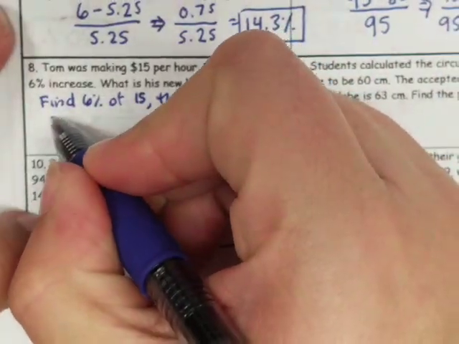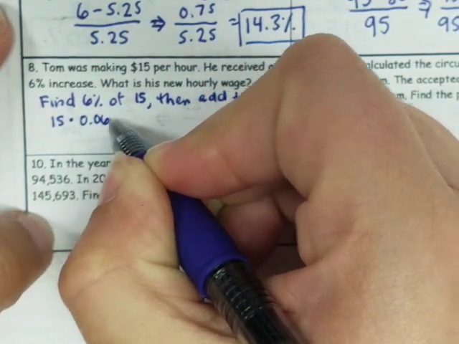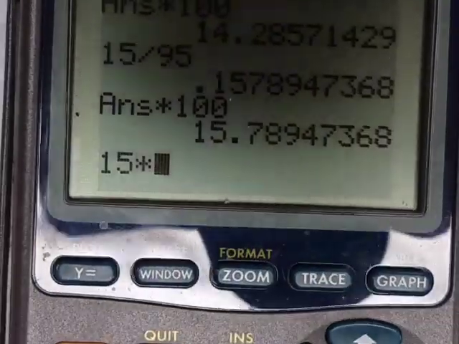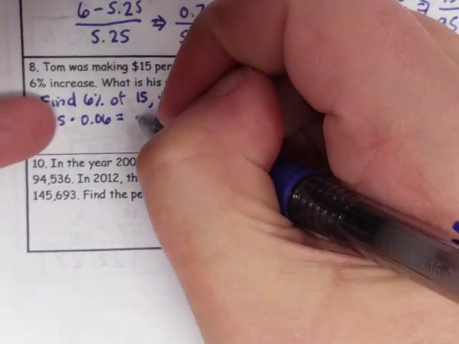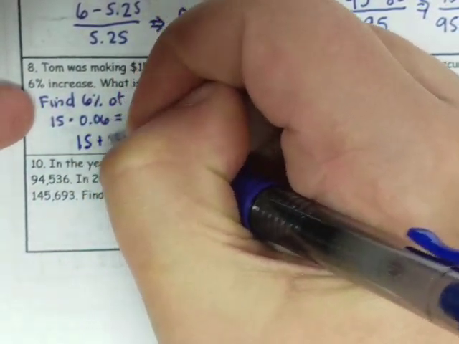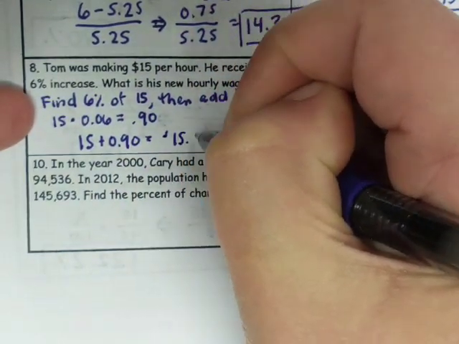So 15 times 0.06. I'm just doing it the equation way because it's a little faster. So 15 times 0.06 gives me 90 cents. So he's going to get a 90-cent raise. So you're going to take your 90 cents and add to the 15. So his new wage is $15.90.